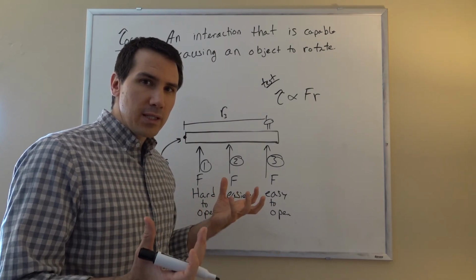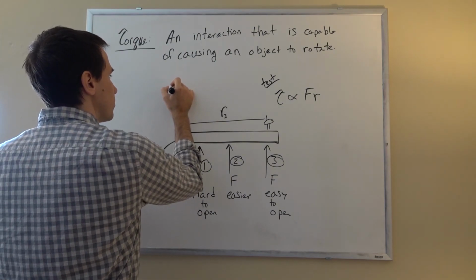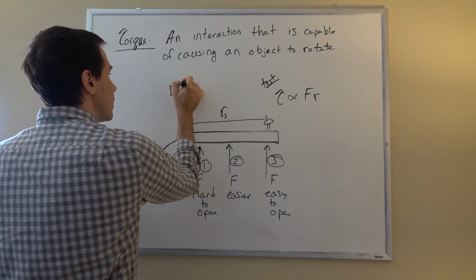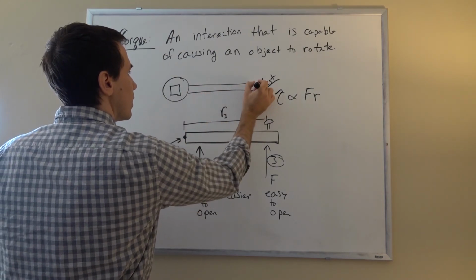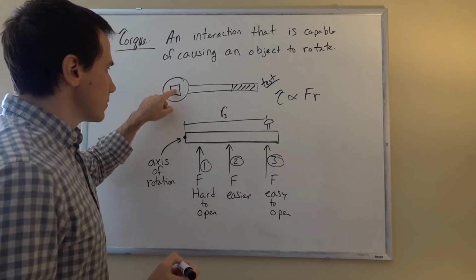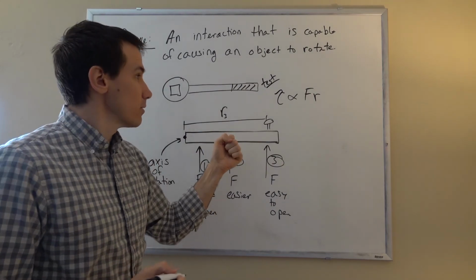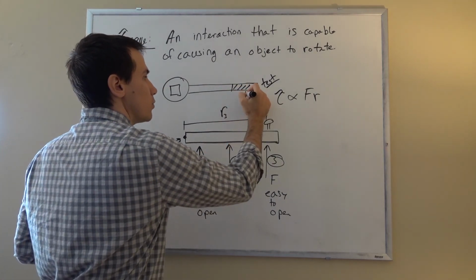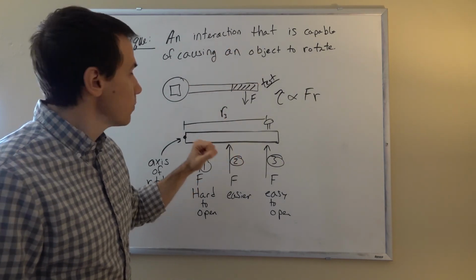If you've ever seen a wrench set, right? So if you have like a bolt, which I will draw as a square, and then you want to rotate that, you get a socket wrench, socket, handle, and you pull here, right? You apply a force here, say downward.